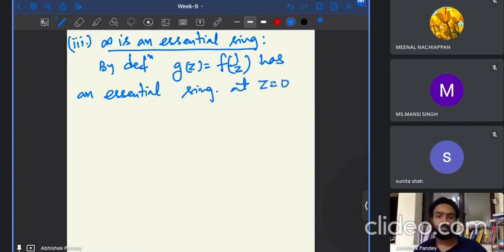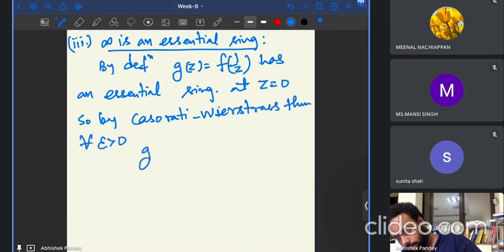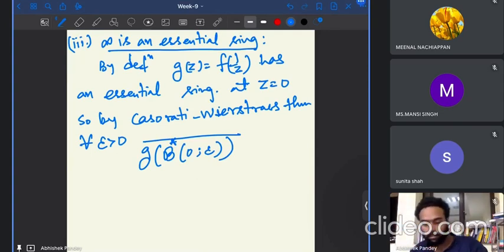Now here we will use the Casorati-Weierstrass theorem. By the Casorati-Weierstrass theorem, for every epsilon greater than 0, the image of this deleted neighborhood of radius epsilon has closure equal to C. I mean, this is dense.